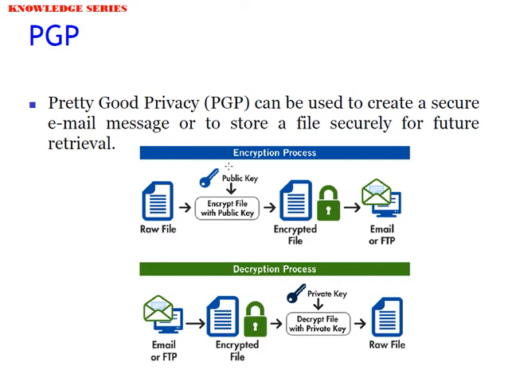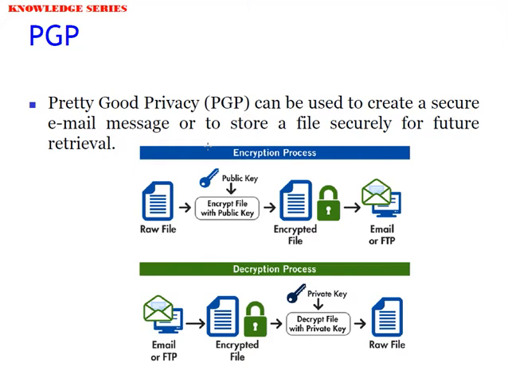So PGP was used in the network without being authenticated, but still people used this particular service, and the demand was also very high, because it supported email security better compared to what the existing email services were offering at that time.